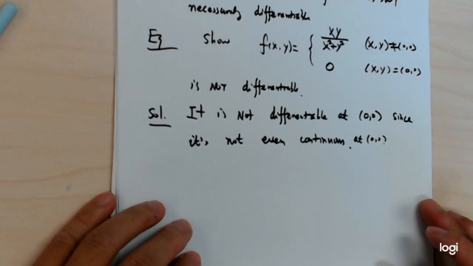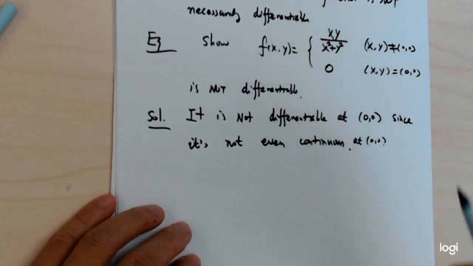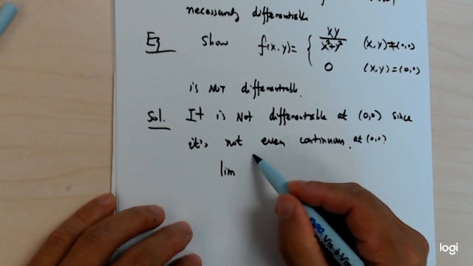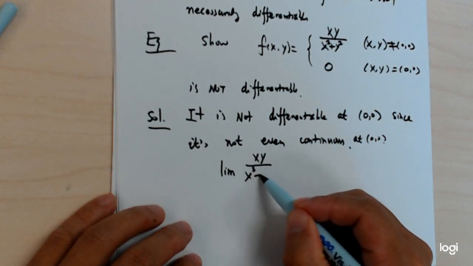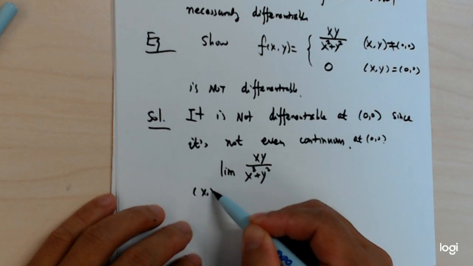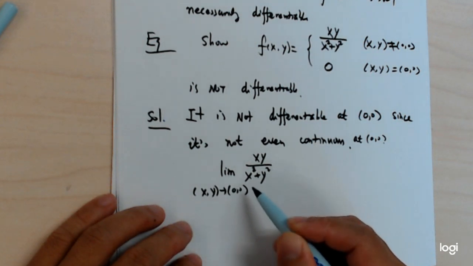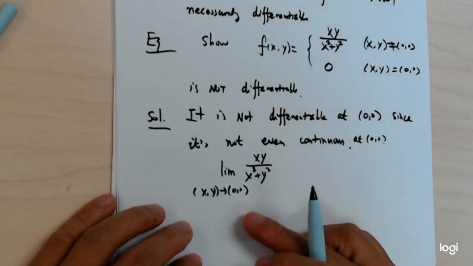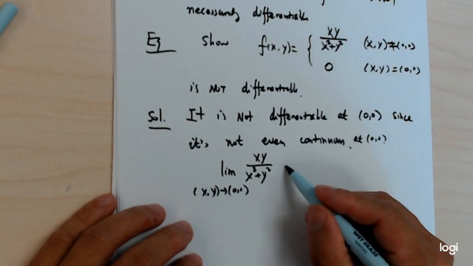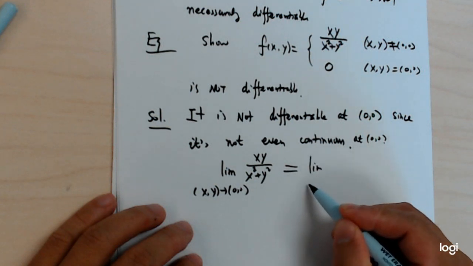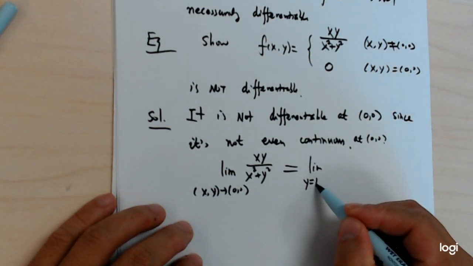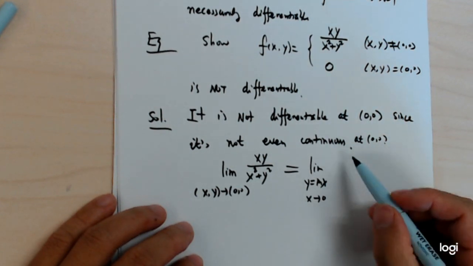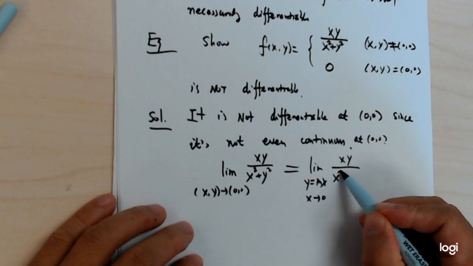As far as why this one is not continuous, this is something that you have done before, where you have to calculate the limit at the origin. The limit as x, y approaches the origin needs to be 0 for this guy to be continuous. But this limit does not even exist. As usual, we take a path, and we take a different path, like along the straight line here, and set x approaches 0.